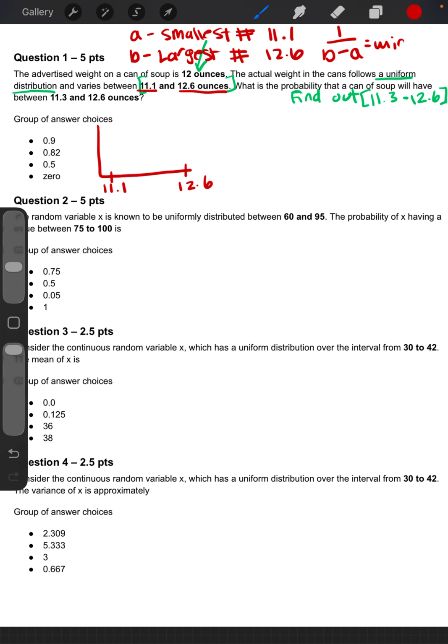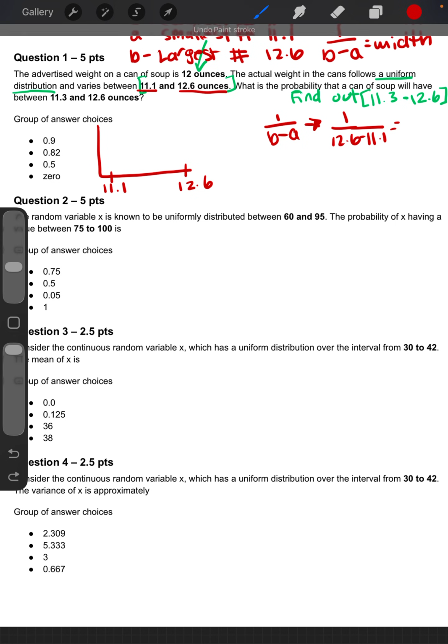This is our width. So 1 over B minus A will become 1 over 12.6 minus 11.1, and that should be 1 over 1.5.